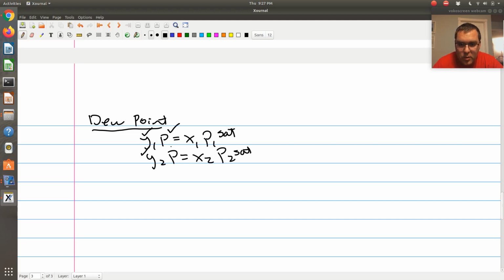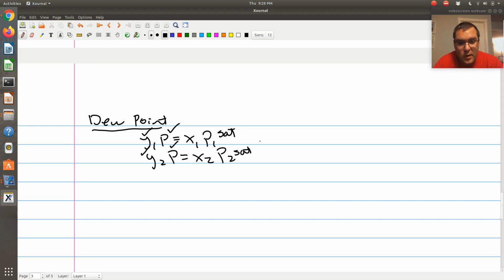Here we're told what our pressure is. Thinking about the Txy diagram, pressure is known and fixed. I don't know x, and I don't know T, so I don't know P1 sat and P2 sat. But for P1 sat and P2 sat, I just think of T, because they're only functions of T. So my goal is to solve for T.